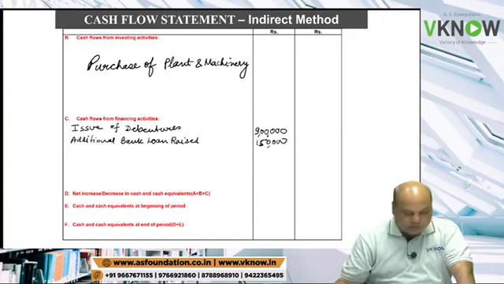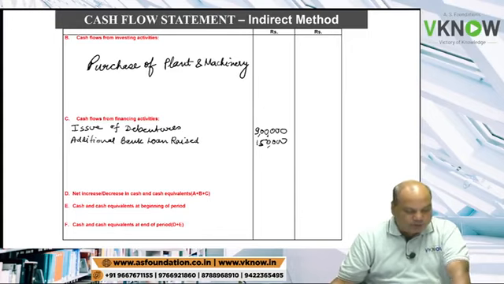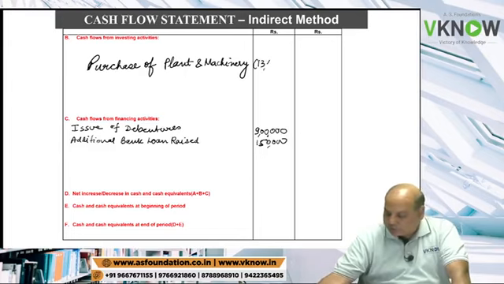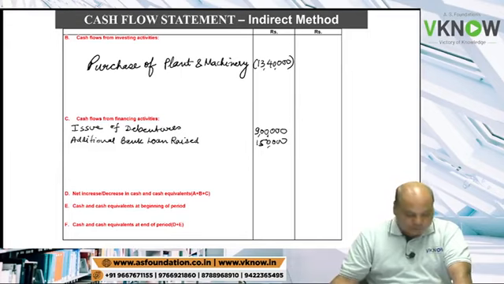Tell me the difference. How much is that? Is it 13 lakh 40,000? In bracket write down 13 lakh 40,000.